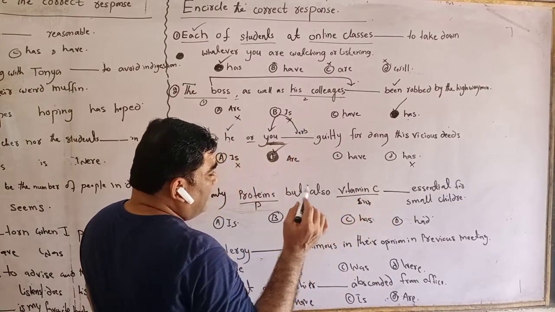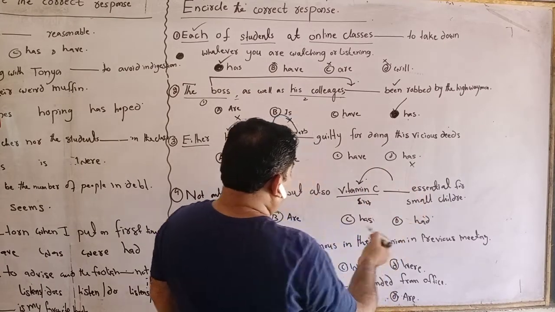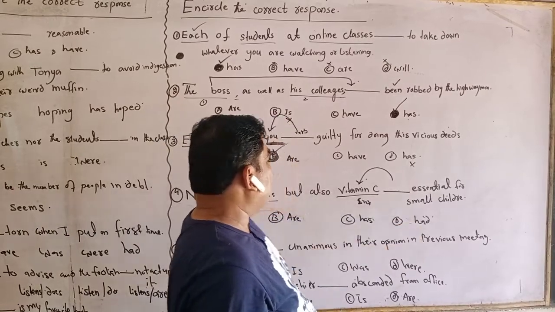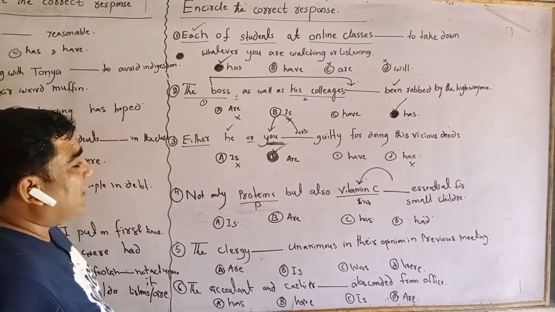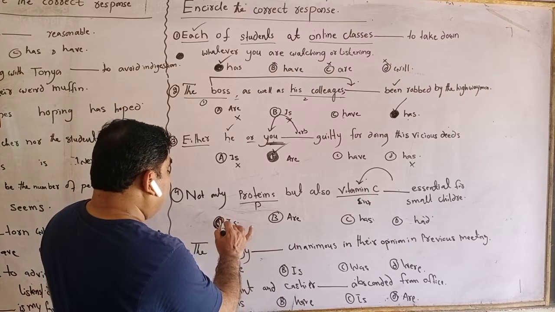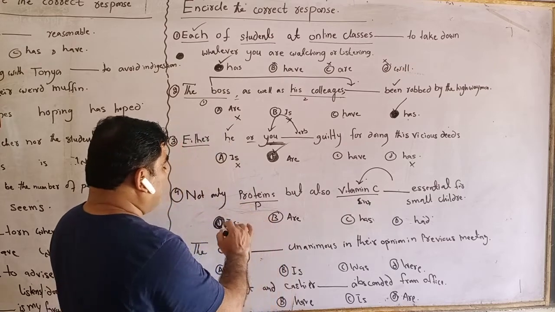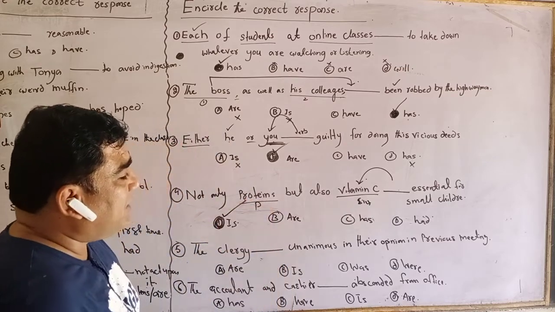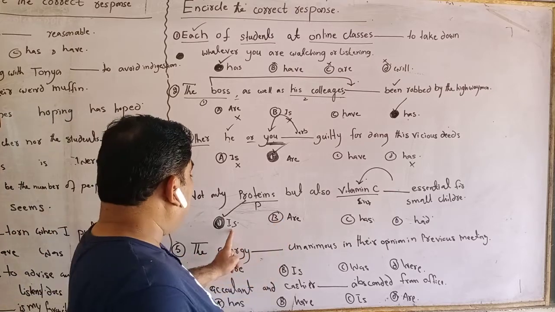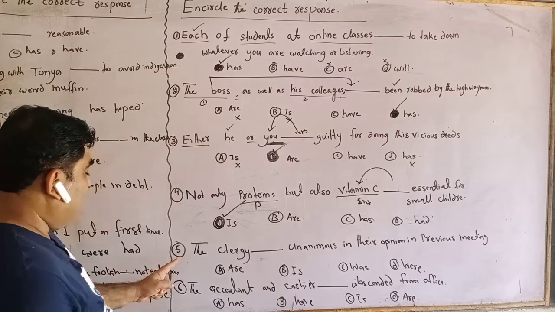The rule says that the one very close to the verb agrees: is, are, has, had. Not only proteins but also vitamin C is essential. Vitamin C is singular, proteins is plural. Has essential, nothing to do. Had essential, no, but we will take is essential for small children.